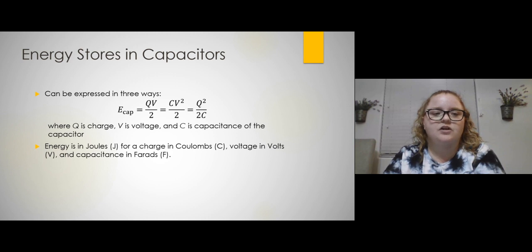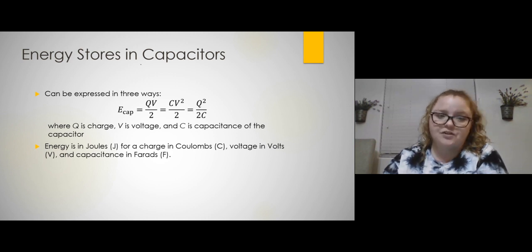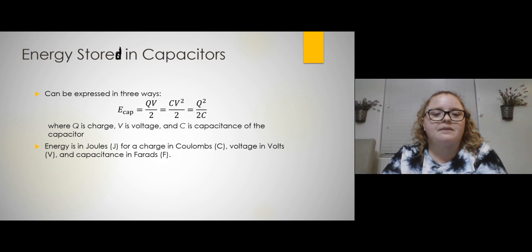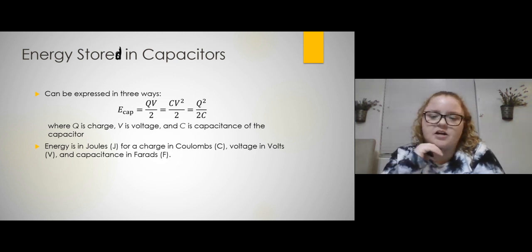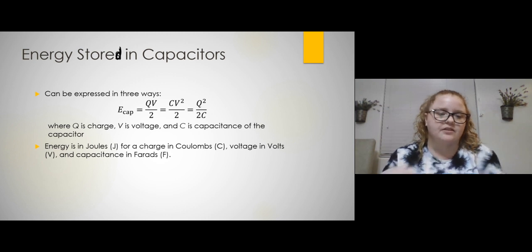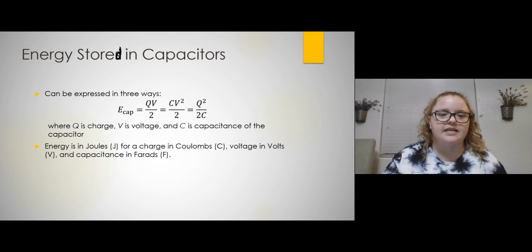All right, let's move on to the energy stored in capacitors. It can be expressed a few different ways, and I'm not going to go through the big details about this. The energy stored in capacitors, or E sub CAP, is equal to Q times V over 2, where Q is the charge and V is the voltage.